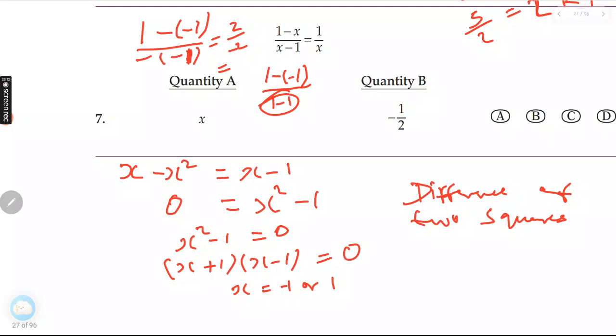And 2 over minus 2 is minus 1. So the correct answer is minus 1. The solution that satisfies the given equation is minus 1. And because minus 1 is less than minus half, here B is greater.